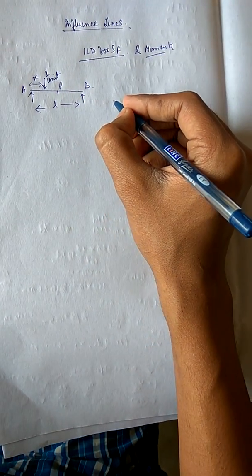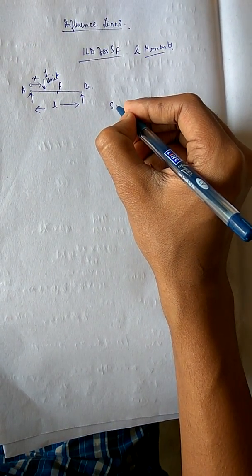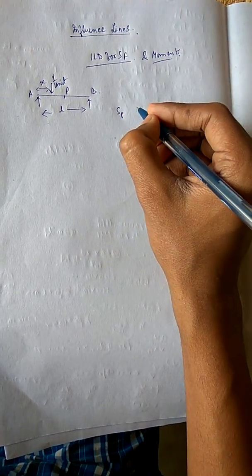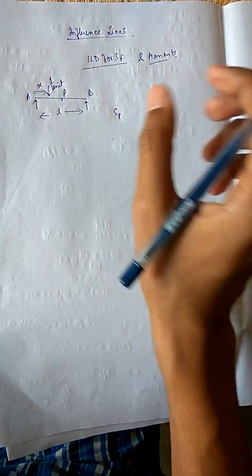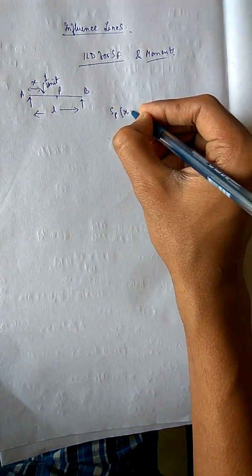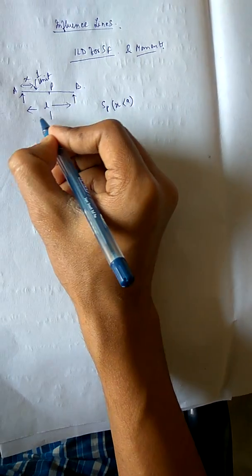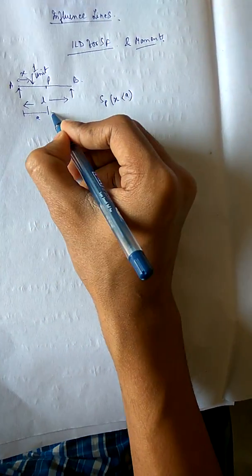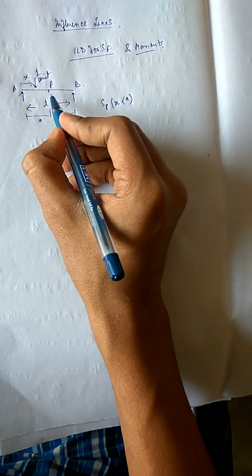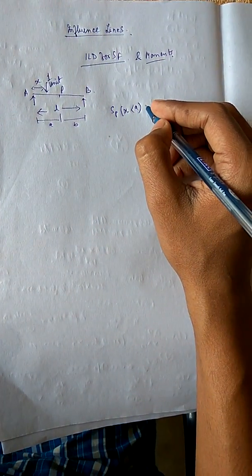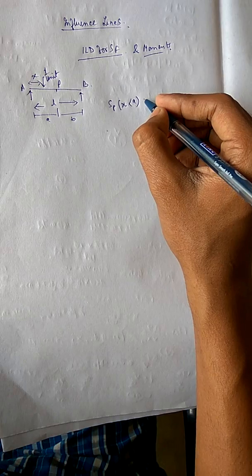So now if we have to find the shear force at point P, if x is less than a, this is A and this is B. So for x less than a, on the left hand side, what will the value of shear force be?